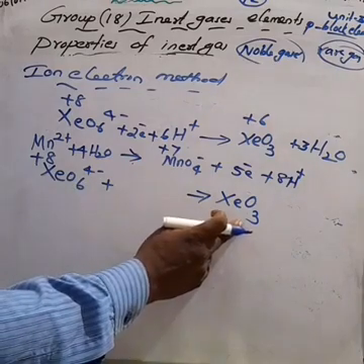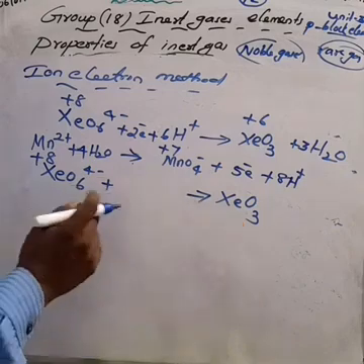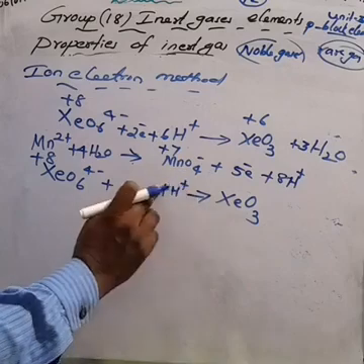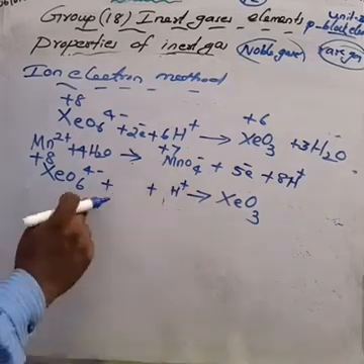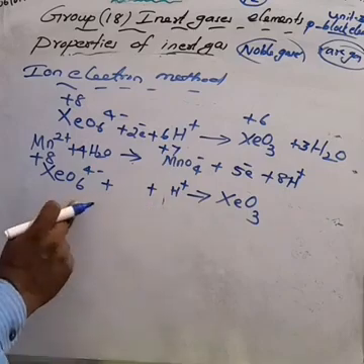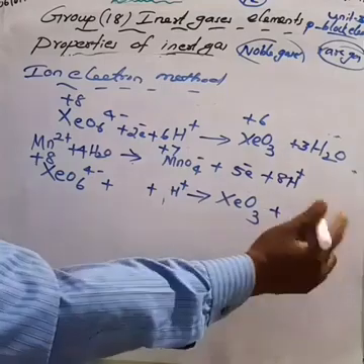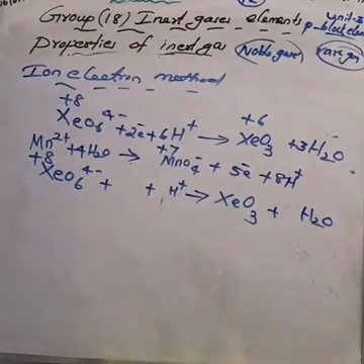Okay, so here also we have to write the presence of H plus ions. So H plus ions in the reactant side combine with the oxygen of XeO6, we get the product H2O. So we get water molecules. Am I right?